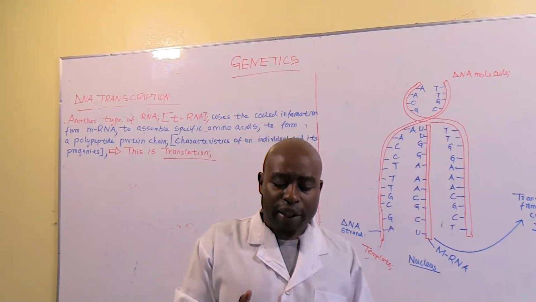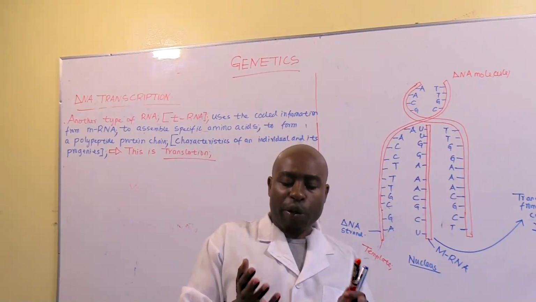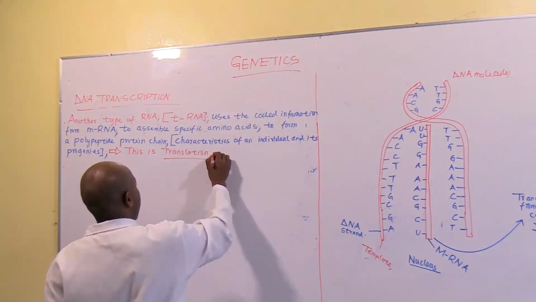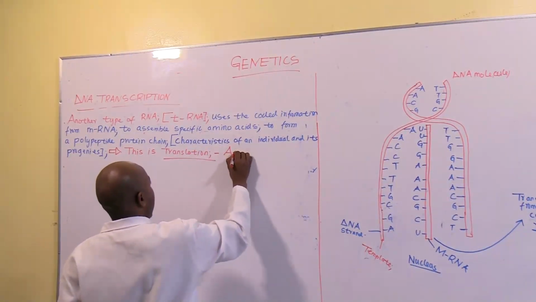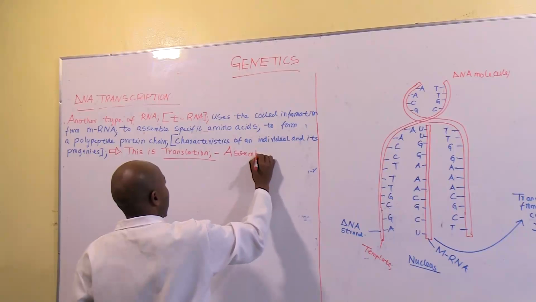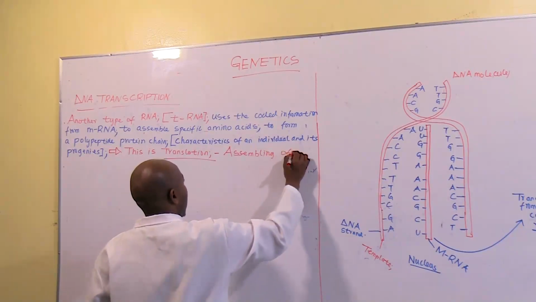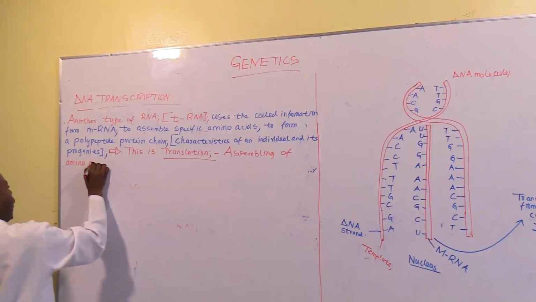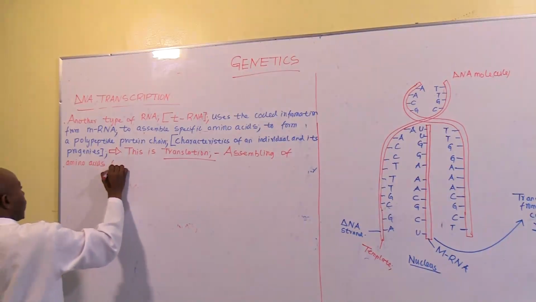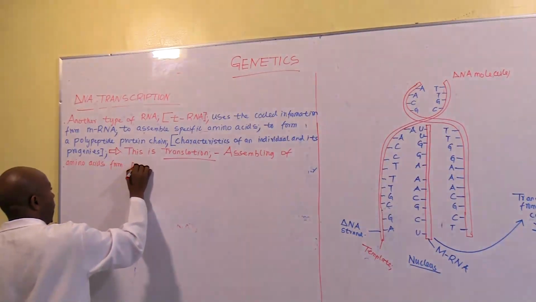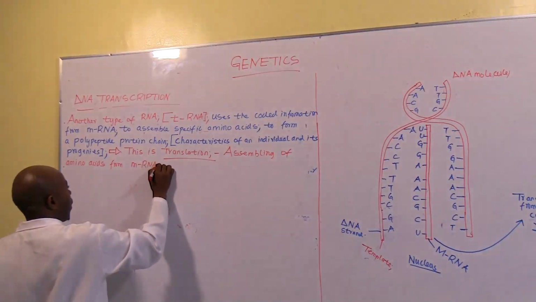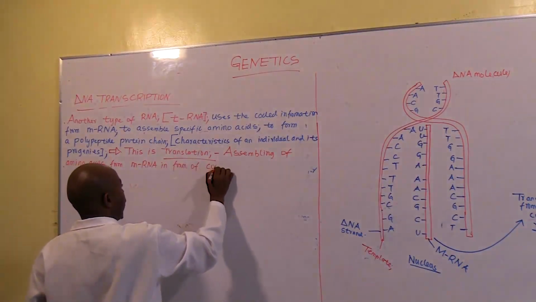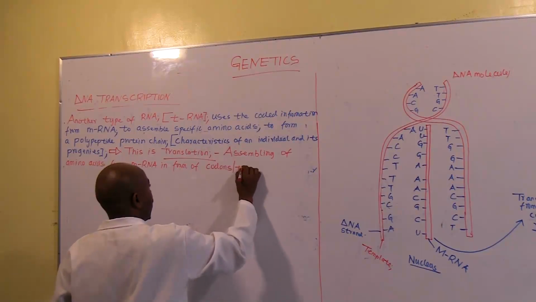So this assembling of amino acids in ribosomes to form proteins using the mRNA codons is what is known as translation. So in simpler terms, this is the assembling of amino acids from messenger RNA in the form of codons, or the triplet base.